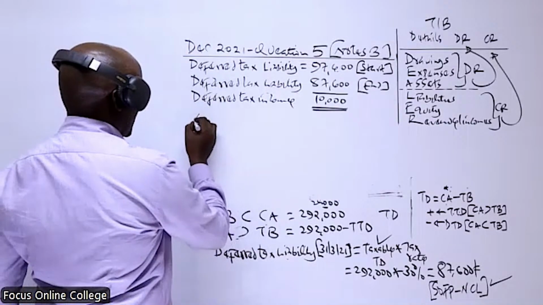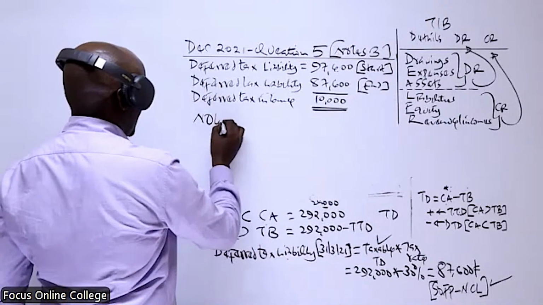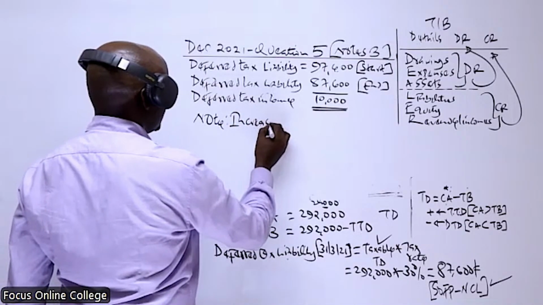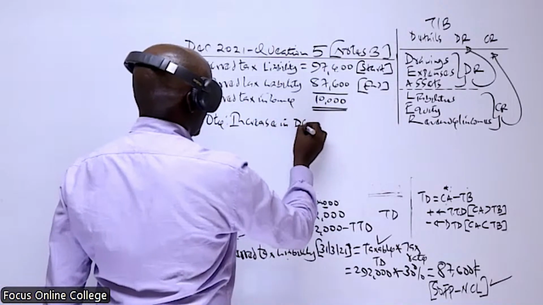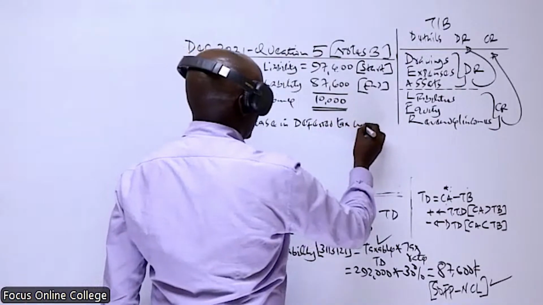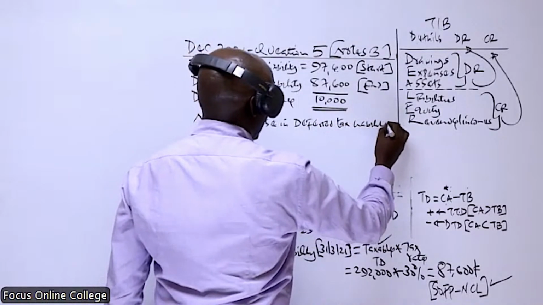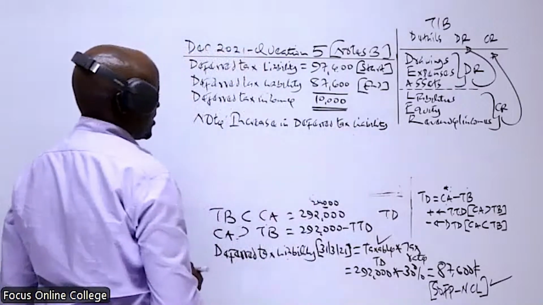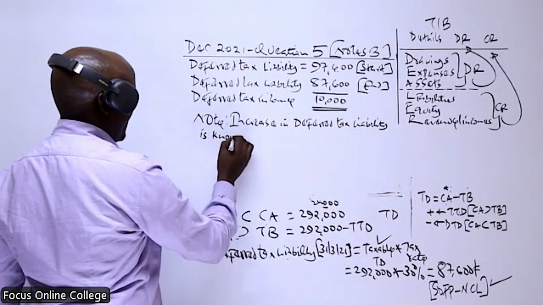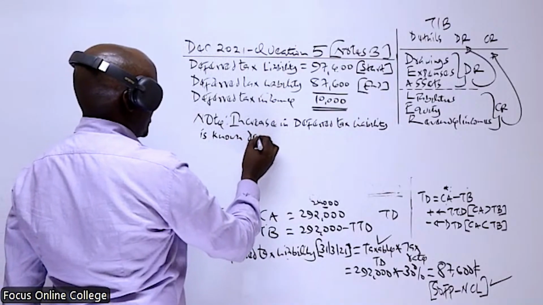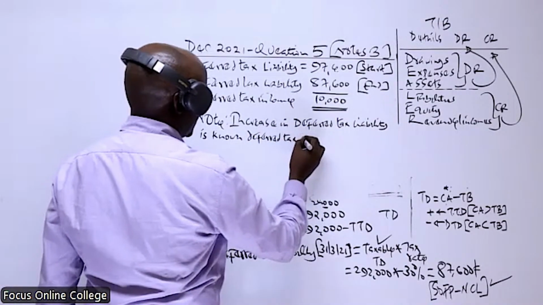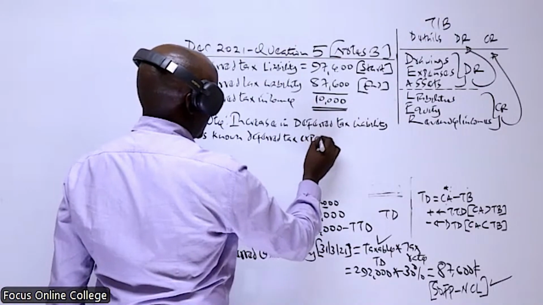So can you put this note somewhere? Note 1: an increase in deferred tax liability is known as a deferred tax expense.